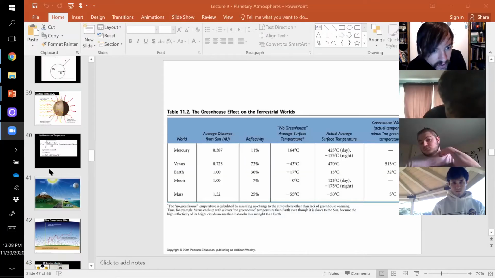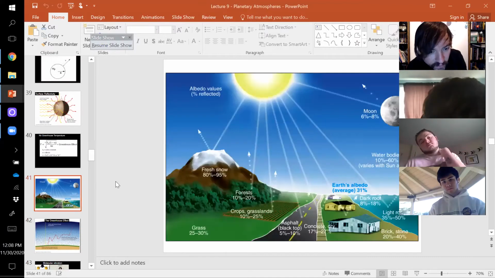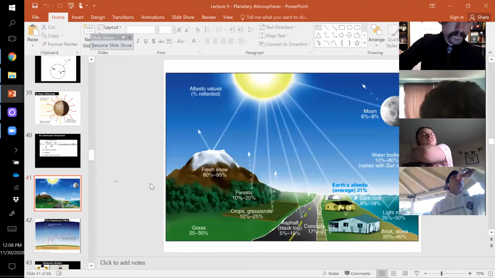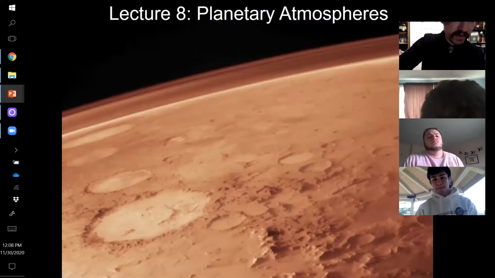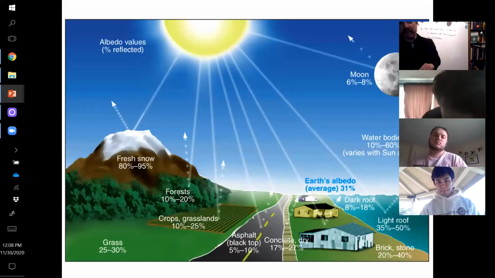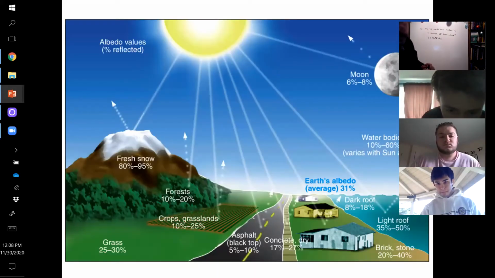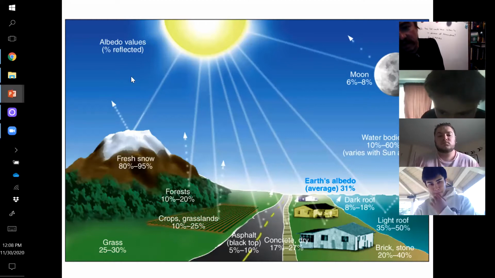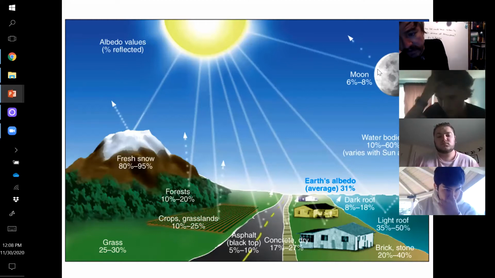And now we need a value for Venus's global albedo. What do you think we should choose as a representative albedo for Venus's surface? And here's a couple of other albedos to get your mind stimulated there. Noah, what do you think? What would be probably the best of all these albedos to choose?